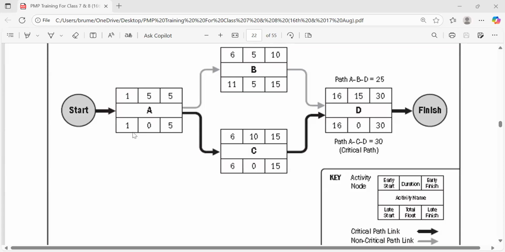There's no difference. The difference is 0, right? Yes. So that is zero float. Can you see that they dropped it in the box? Oh, yes. What about the difference between the late start and the late finish? What is the difference? 0. Does this mean that activity A is a critical activity?